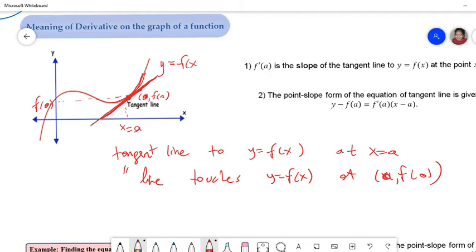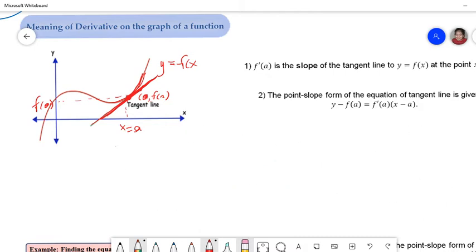Okay. Now the derivative has a meaning at this point. The slope of the tangent line here at a, f of a can be calculated by the derivative of f at this point. The touching point here is a, f of a, and the green line is the tangent line.